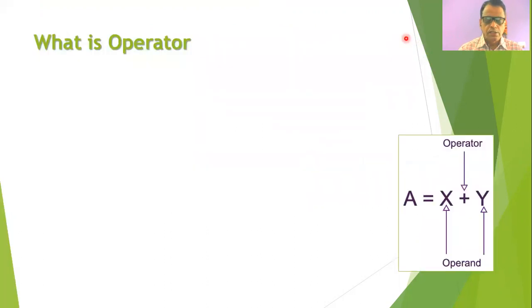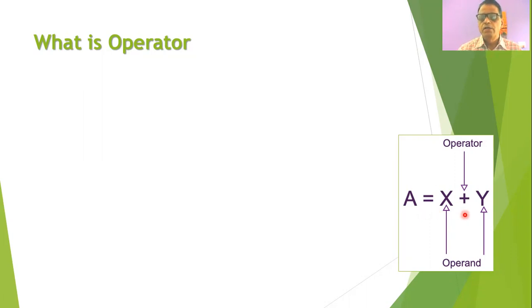So we will start the session with the question: what do we mean by an operator? Suppose you have been asked to add x and y, and assign the value of the addition of x and y to the variable a. Instead of writing this statement in text, if you write it in this fashion, a is equal to x plus y, then you will find that it is more illustrative and simpler.